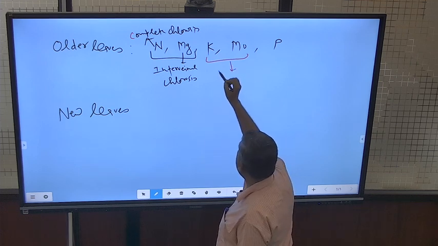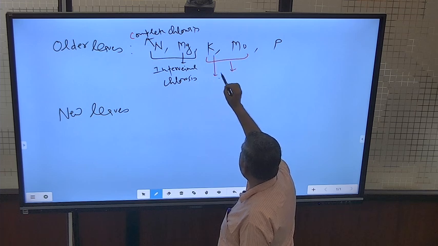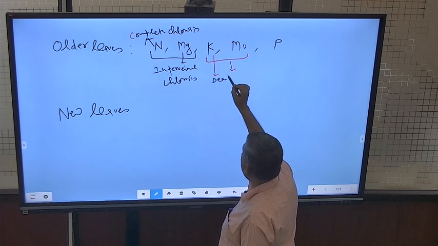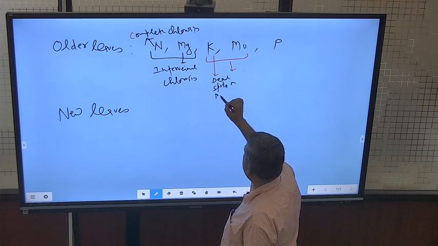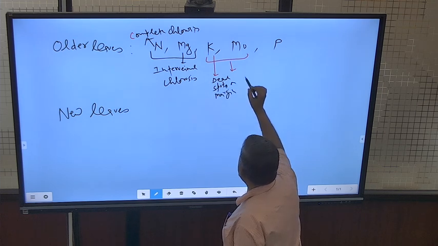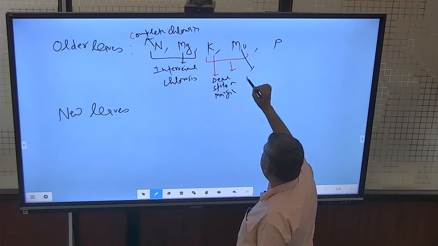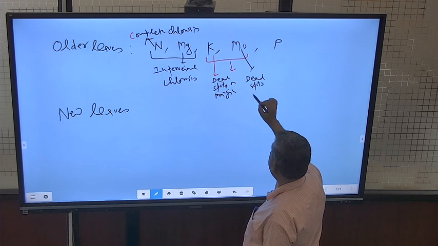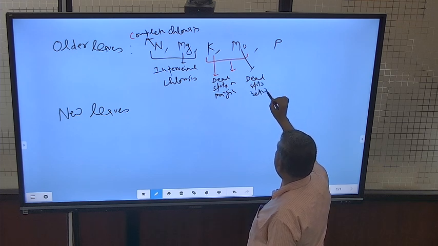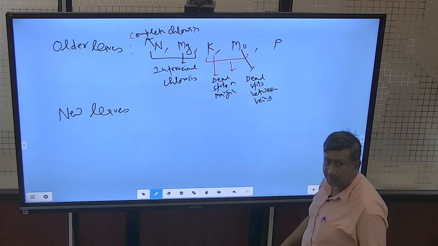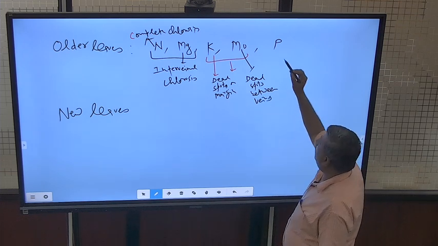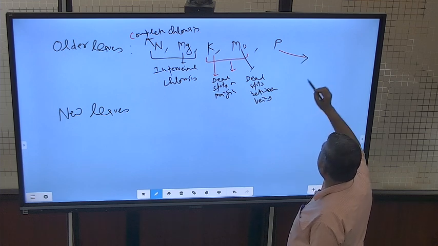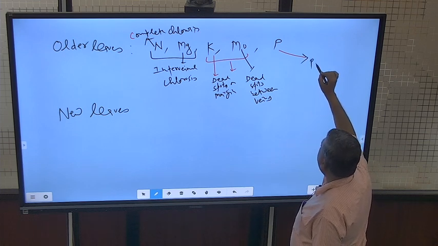In case of potassium, dead spots are on the margin of the leaf, and in case of molybdenum, dead spots are between the veins. So this is the difference between potassium and molybdenum. Phosphorus is very easy to recognize. It is purple color.